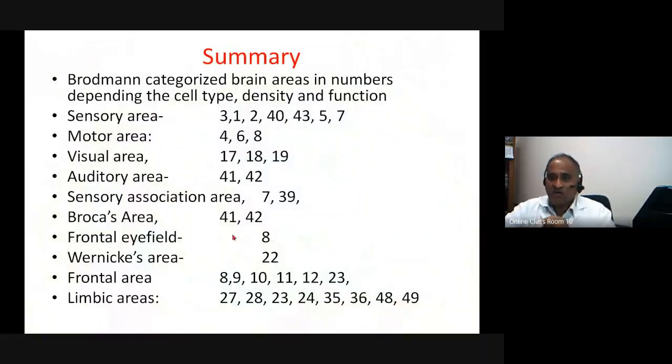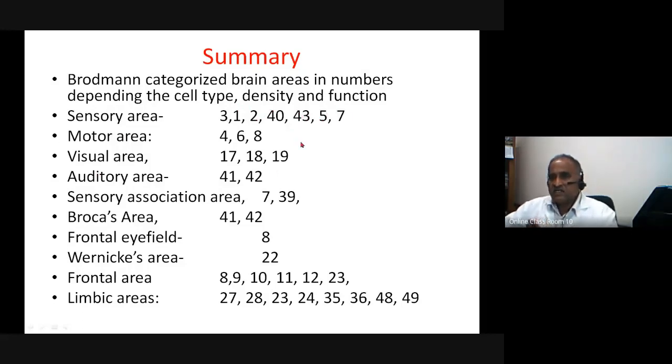Then I summarized the important ones here for your sake. Brodmann categorized the brain areas in numbers depending upon cell type, density, function, and laminar organization. The sensory areas are 3, 1, 2, 5, 7, 40, 43: primary sensory S1, S2, and association area.